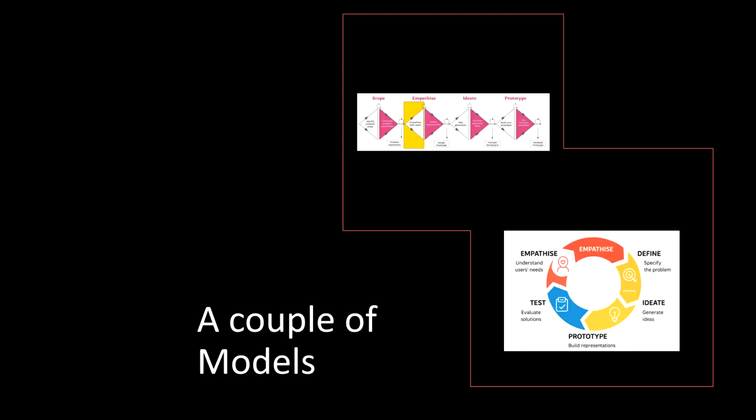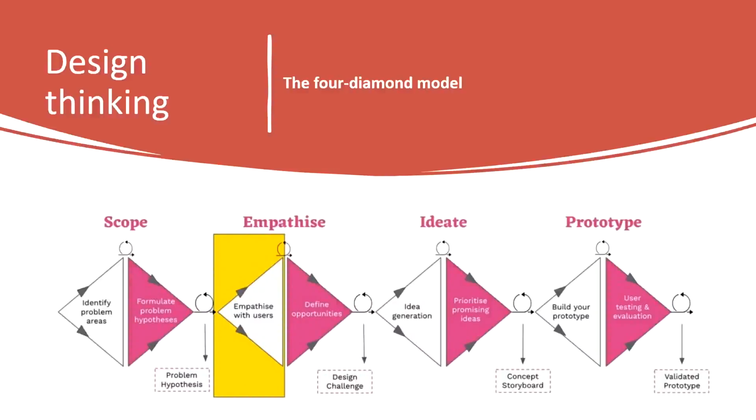With this, I'd like to introduce, there are several approaches, several models of design thinking, but two of the most popular ones are the 4-diamond, or sometimes it's even called the double diamond model, and Stanford's model. The 4-diamond model, why don't I leave it to you to have a look at what is this particular model.